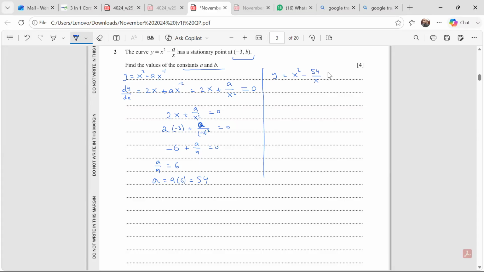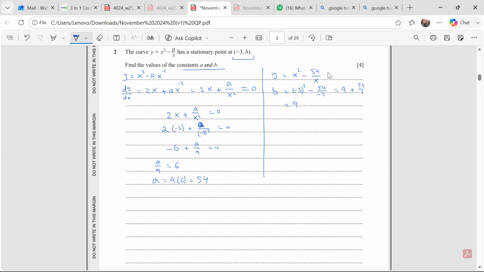So minus 3 squared minus 54 over minus 3.